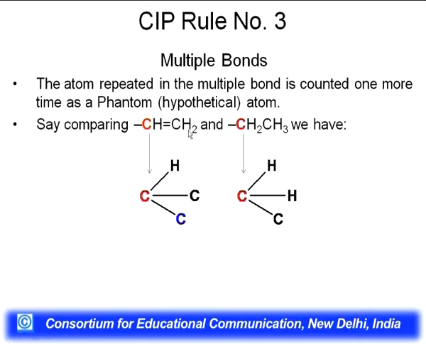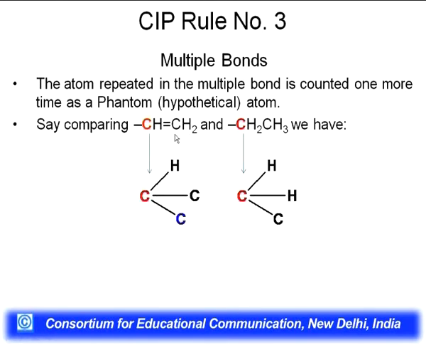For the alkenyl group, I know that this red carbon is attached to the black carbon and it is attached to a hydrogen. So I have written hydrogen and the black carbon, but there is also a blue carbon I have mentioned in this structure. What is that blue carbon?